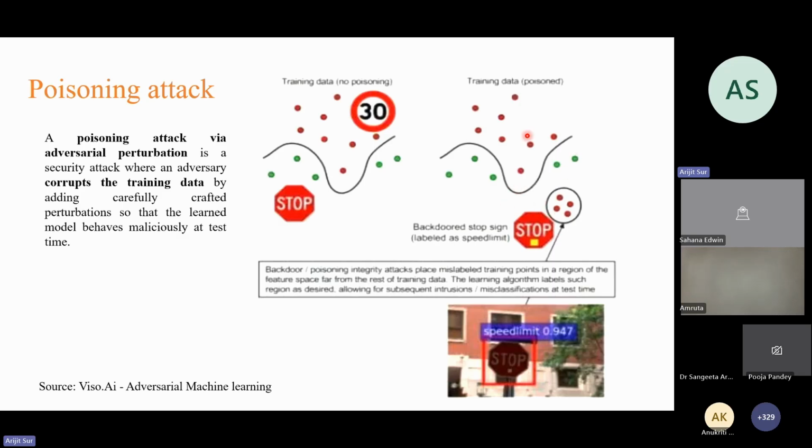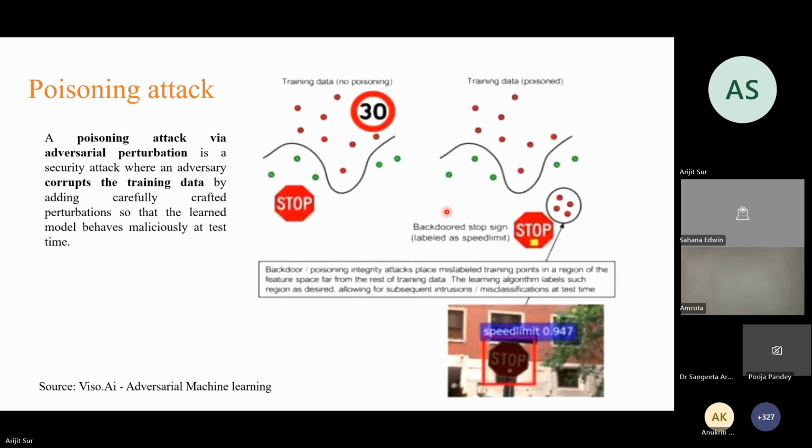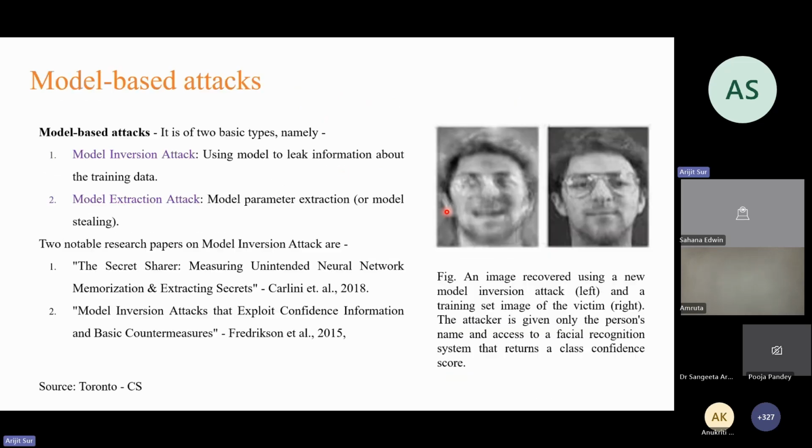Rather, it's very close to these dots, so it can be put on the other side. So it is misclassified as a speed limit sign, though it looks like a stop sign. So this is the poisoning. Okay, this is very easy.